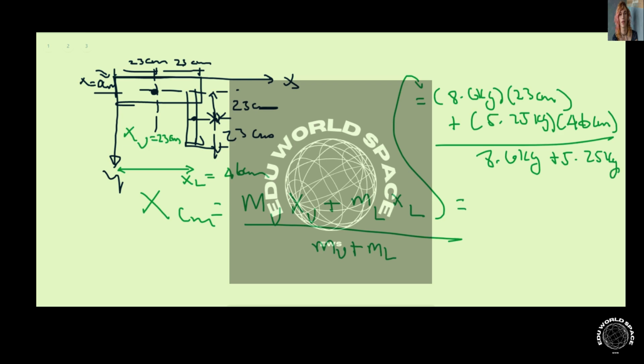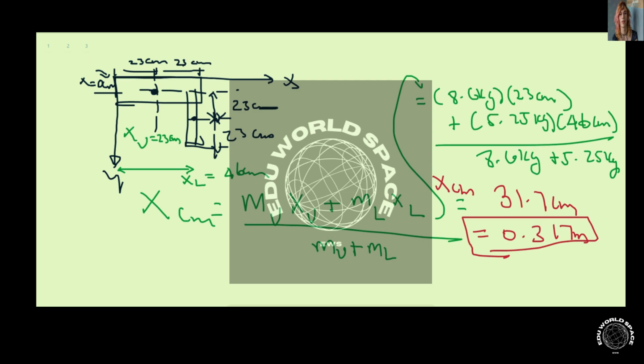And that's going to give us an x center of mass of approximately 31.7 centimeters. We can change that to meters, 0.317 meters. And that simply means that that's a displacement, horizontal displacement, horizontal distance from the hip.